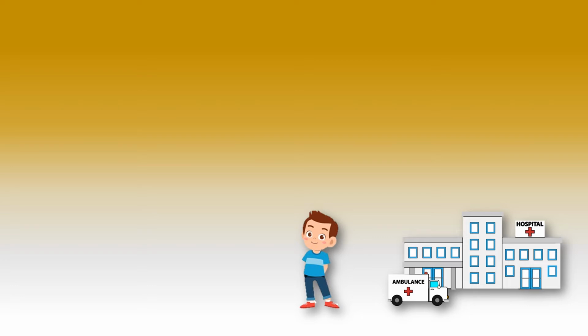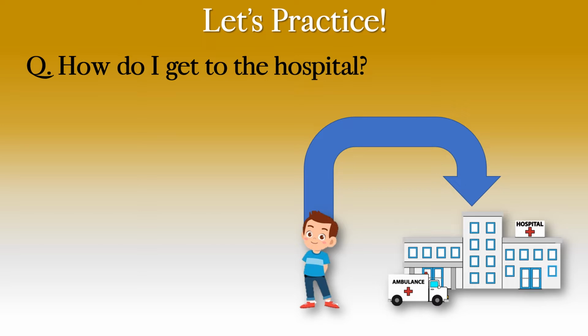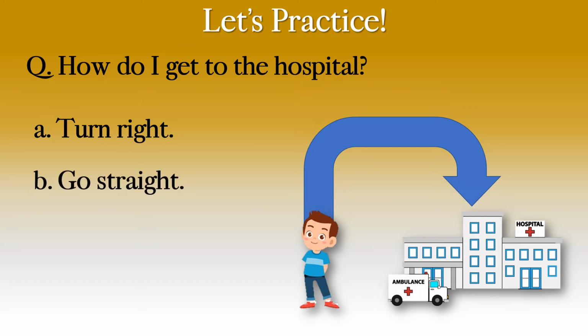Okay, here's the next one. There's me, hello, and there's the hospital. So let's practice. Question. How do I get to the hospital? Okay, what direction is this? Is it A, turn right, B, go straight, or C, turn around?